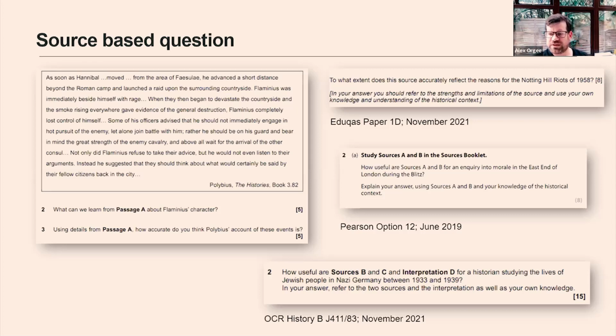But what we're really looking for students to do, rather than just doing a generic comment on here's what I know about Polybius as a historian, is link it to specific parts in the passage to address the accuracy.